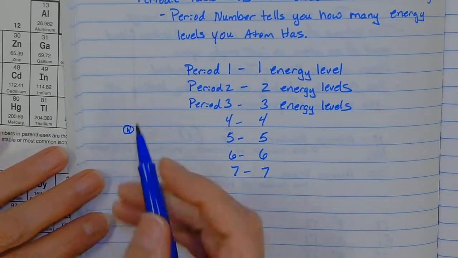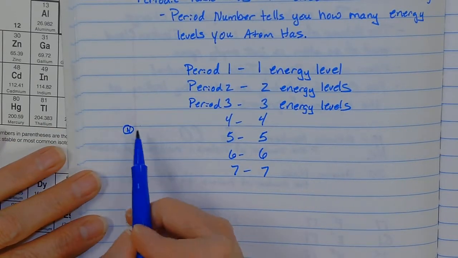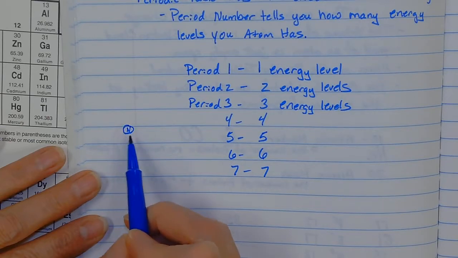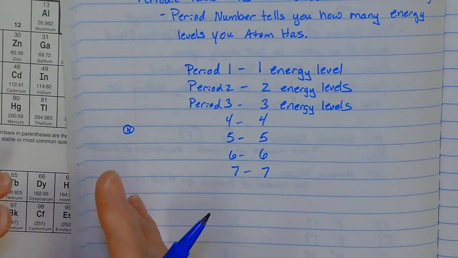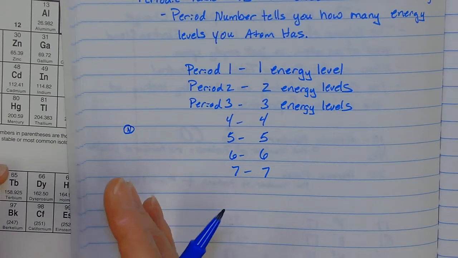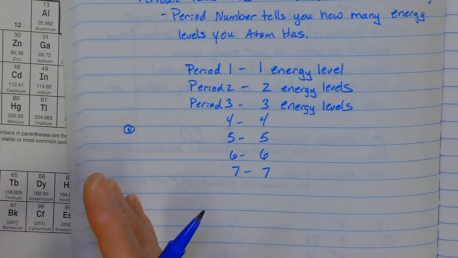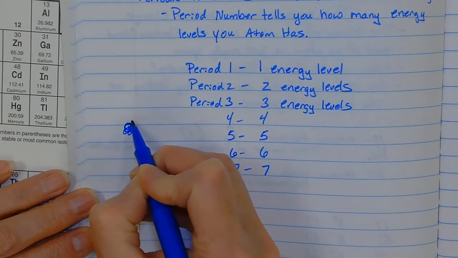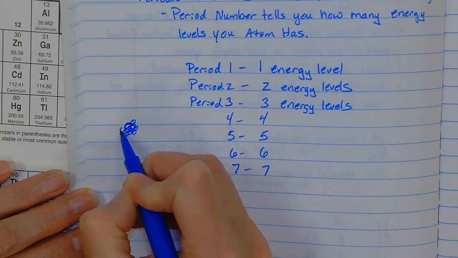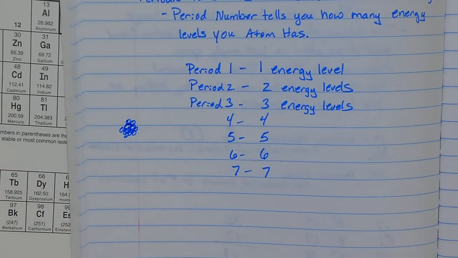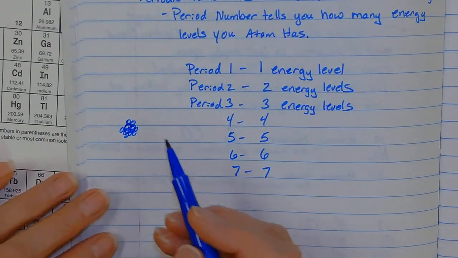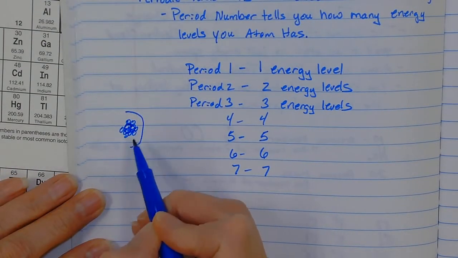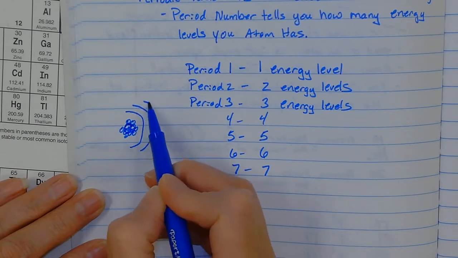Understand that the nucleus is not a membrane-bound organelle, because when you think about a cell, the nucleus is a membrane-bound organelle. This is not. It just has your protons and your neutrons in it. And so you have your energy levels on the outside of it.